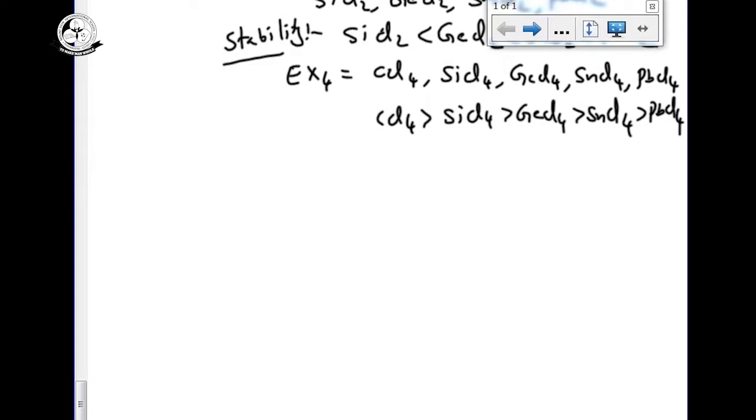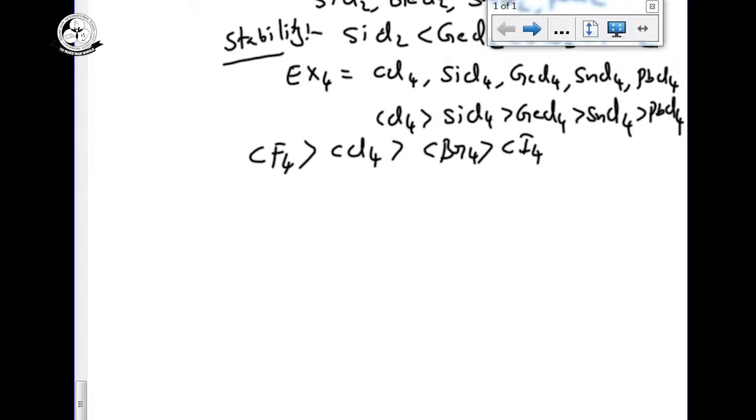Suppose I ask only about carbon with different halogens: carbon tetrachloride, carbon tetrabromide and carbon tetraiodide CI4. Which is more stable means which has the strongest bond. Fluorine is highly reactive, and CF4 is thermally the most stable.